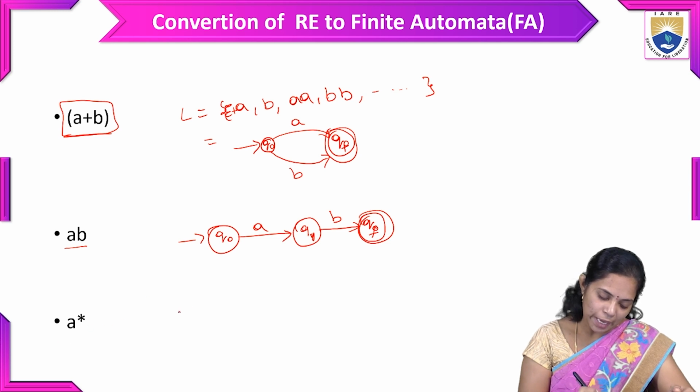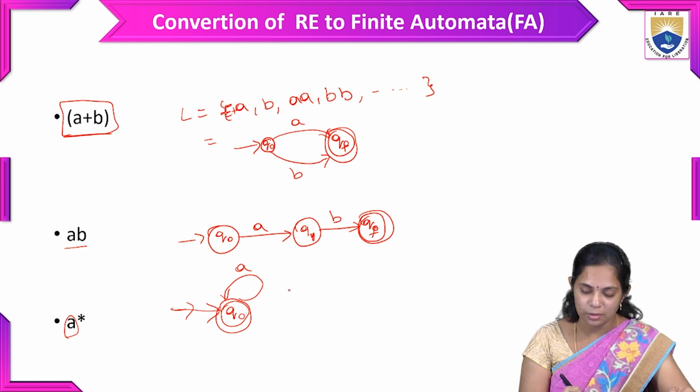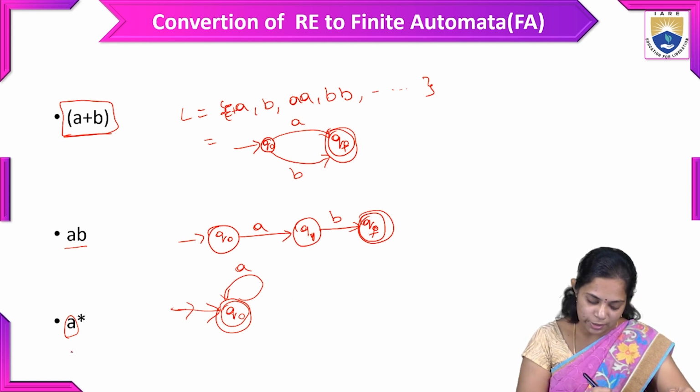And when we see a star, here only a star is there. I start with the initial state q naught, and since only one symbol is there, I take it as the final state also, and give the input a multiple times. So here a star is denoted. We also write a plus b whole star.